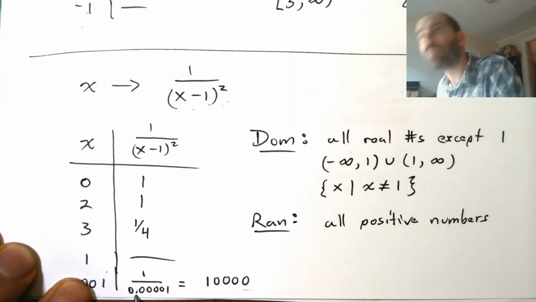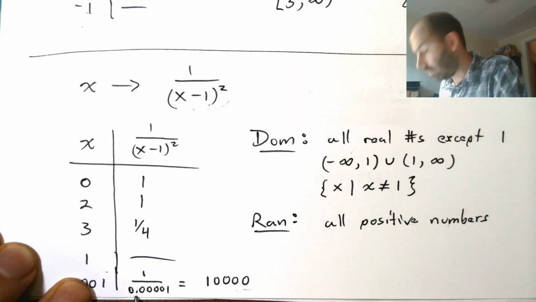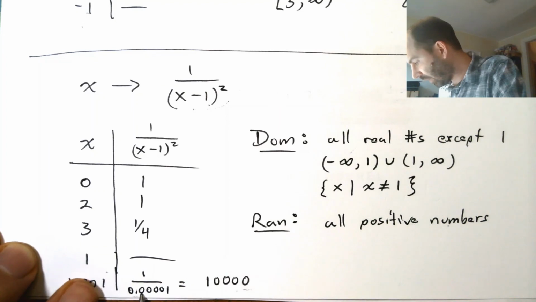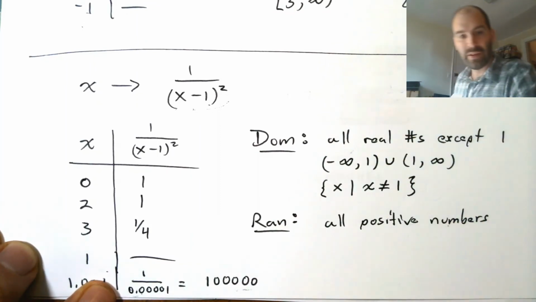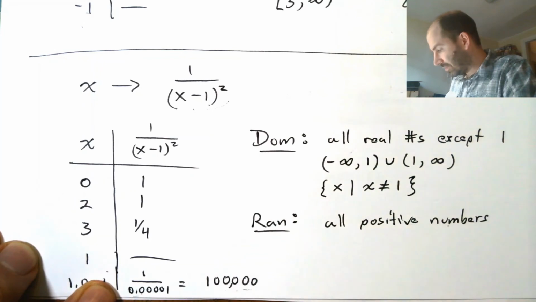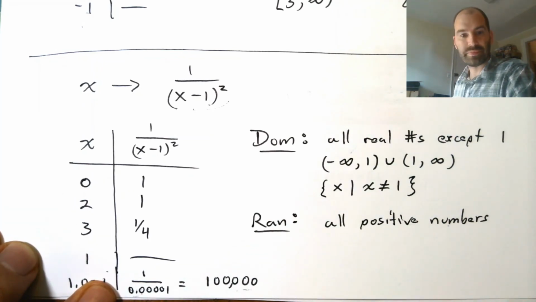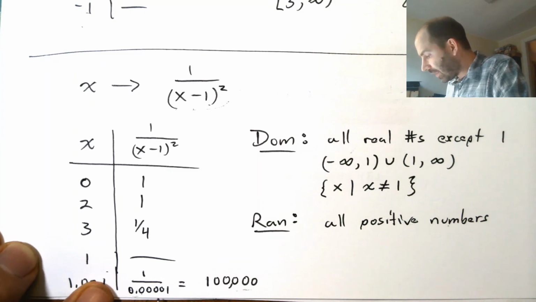Let's see. Yeah, 1, 2, 3, 4, 5. I should have 5 zeros, sorry. It's 100,000, right? So this is a very big number.